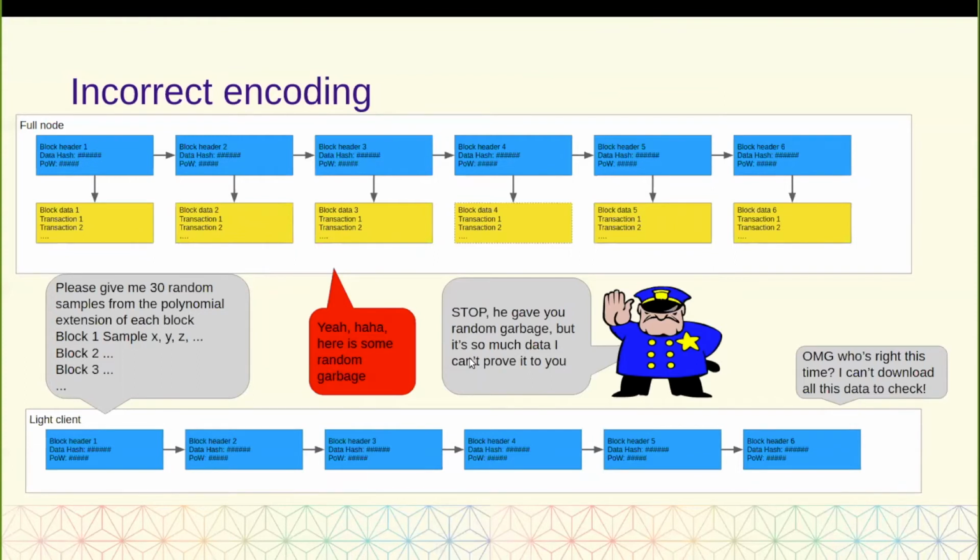So now the only way to actually show that, if the whole thing is just a polynomial, is to give at least 50% of the data, which is a huge amount of data. That's not very practical. So basically our light client is stuck, like, who's right this time? In theory, he could check, but that would be expensive. I'd have to download all of this data.